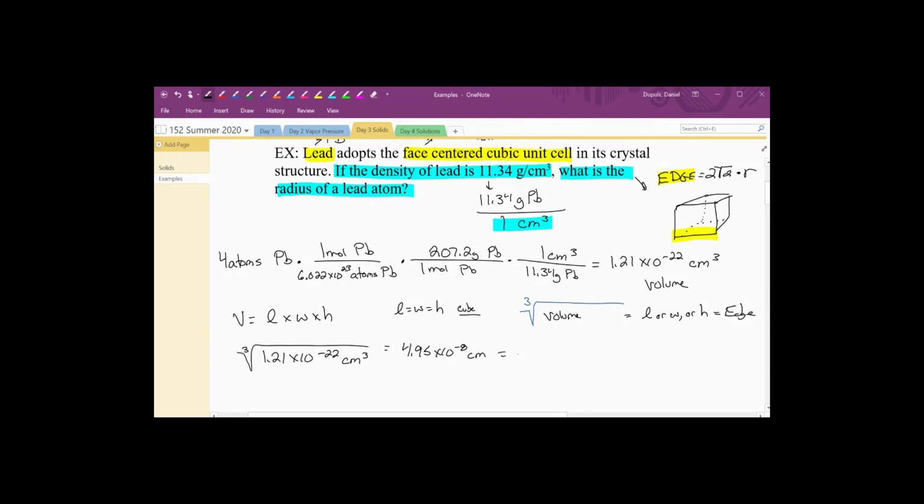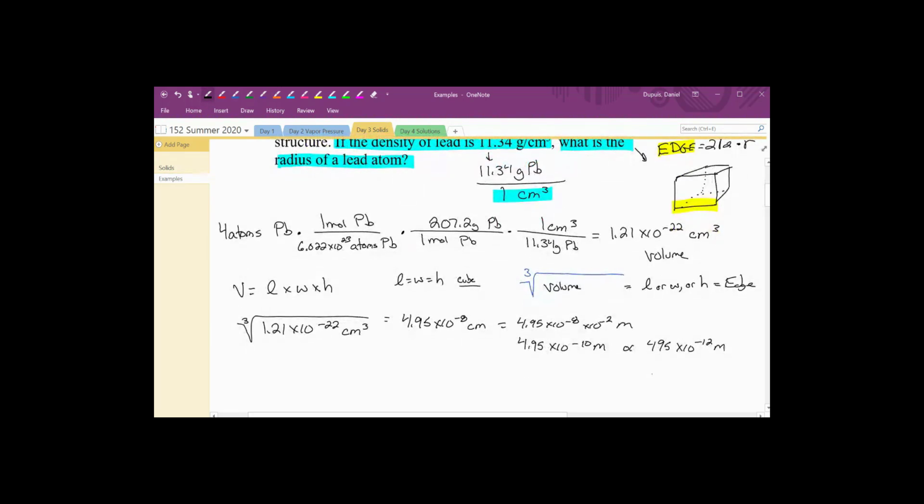Well, that's the same thing as 4.95 times 10 to the negative 8 times 10 to the negative 2 meters, which is 4.95 times 10 to the negative 10 meters, or 495 times 10 to the negative 12 meters.